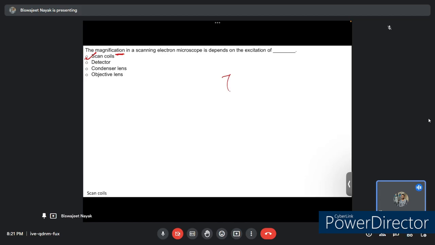The scanning coil helps in distributing the electrons over the specimen, and they scan the sample totally and resolve the specimen, and hence help in magnification.